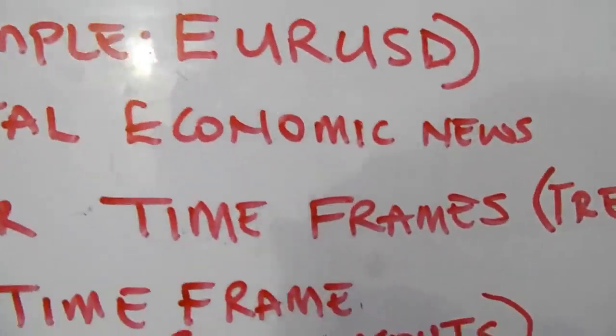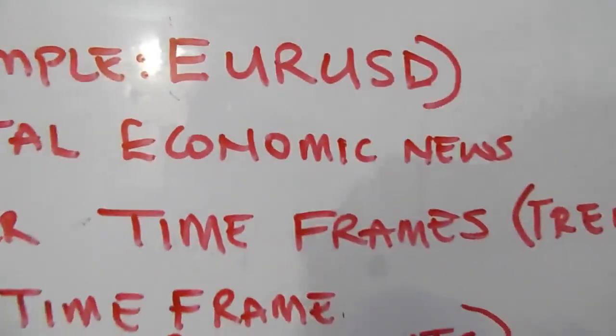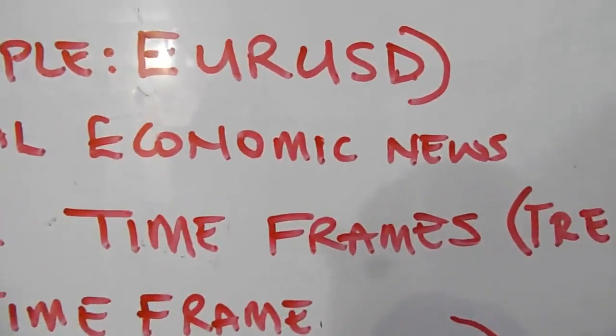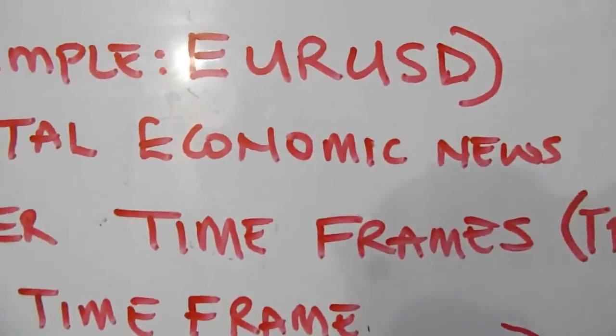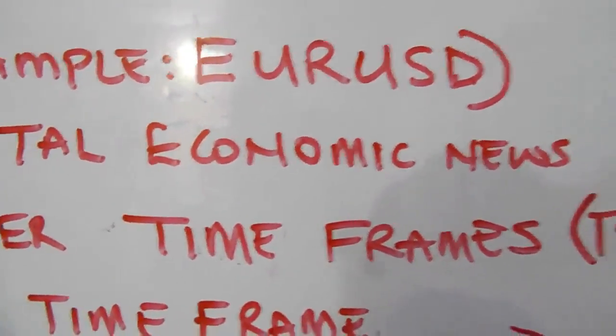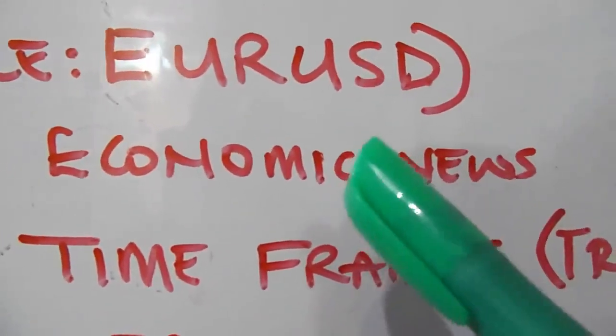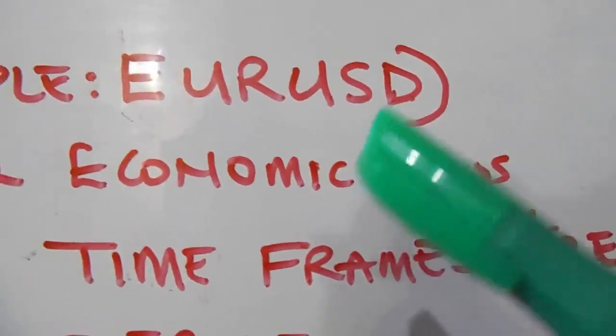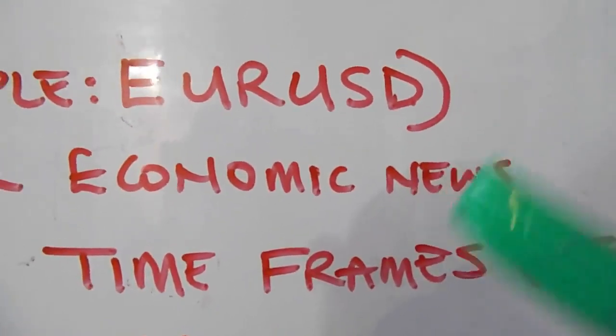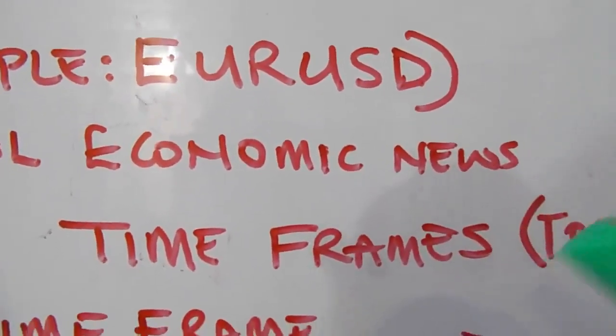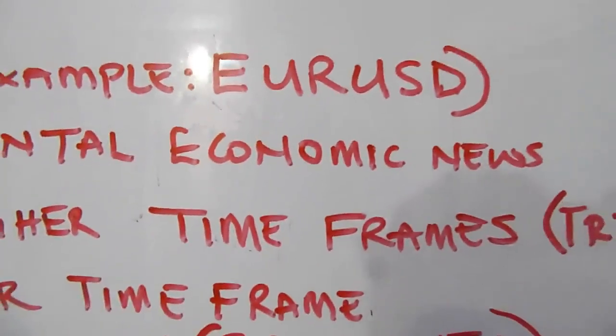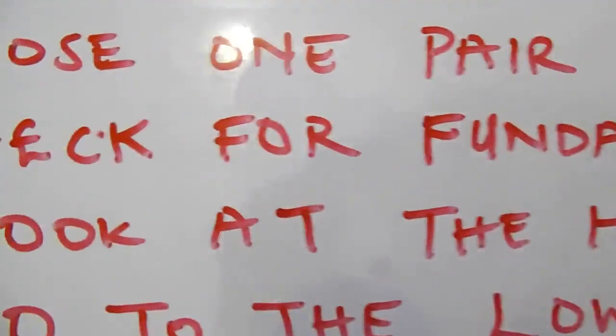What's the news saying? What's the European Central Bank? What are they saying? You have to check that for you to know what might necessarily happen when you are trading Euro USD. Is the euro as a currency, is it weak? Is it strong? Those are the things you look out for when you want to trade Euro USD.